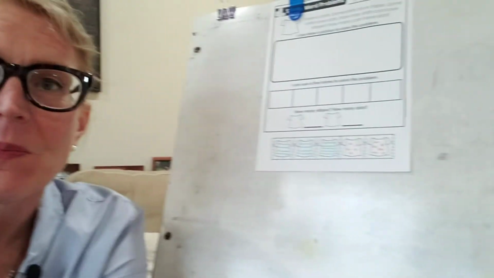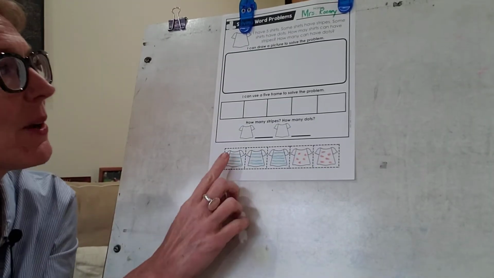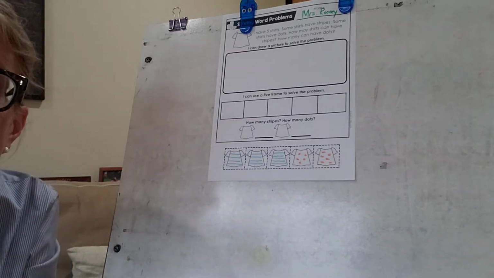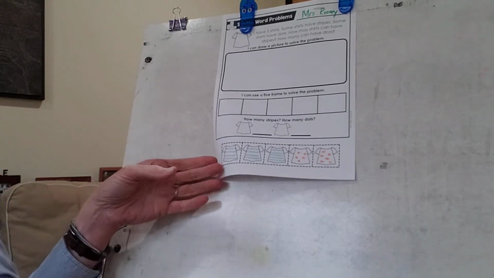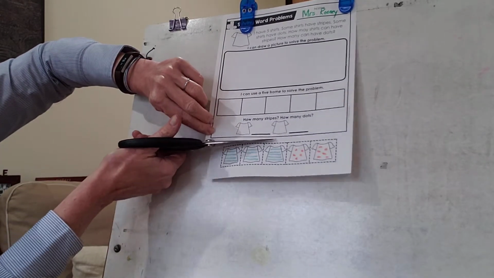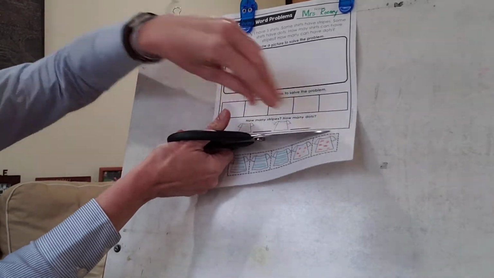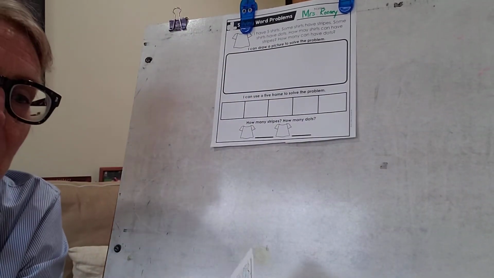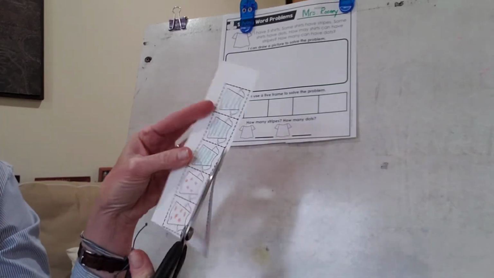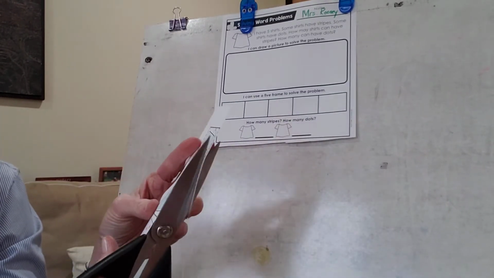Now, once I have my shirts all filled in, I'm going to take them and cut them. You can cut them a little bit easier where you are, okay. Now I'm going to cut out my shirts on those dotted lines, see how I'm cutting?